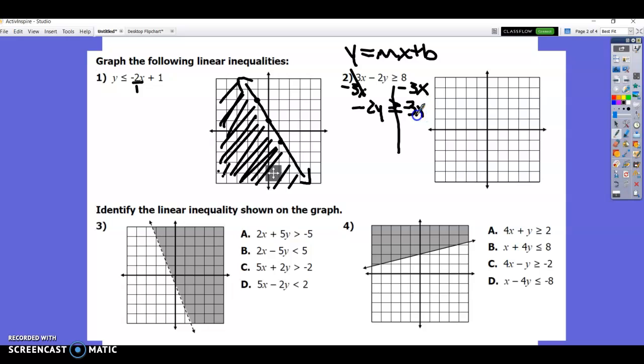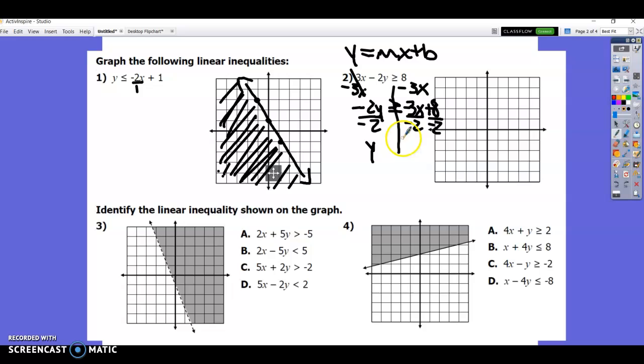I'm going to put my slope first. Anything attached to the x, that's going to be my slope. There's no sign there, so I know that's a positive 8. I'm going to divide. Make sure you divide everything by the -2. And something that you have to be careful with: don't forget that when you divide or multiply by a negative, you have to switch the inequality.